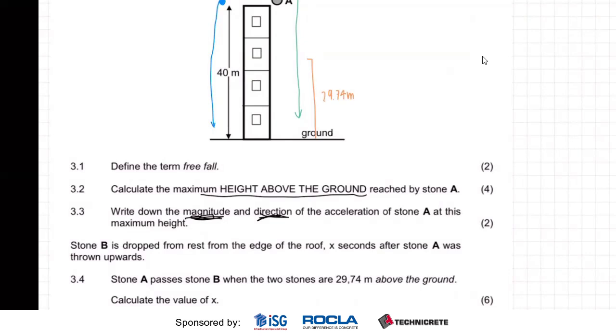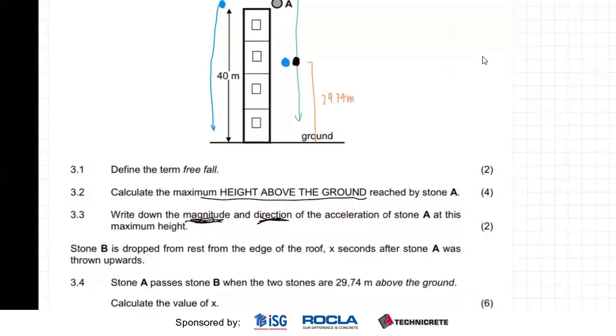Over here, stone B and stone A are going to be next to each other, and then stone A thereafter is going to pass stone B. So they're going to meet for a millisecond at 29.74 meters above the ground. And then stone A is going to pass stone B, and then stone A is going to land first on the ground.